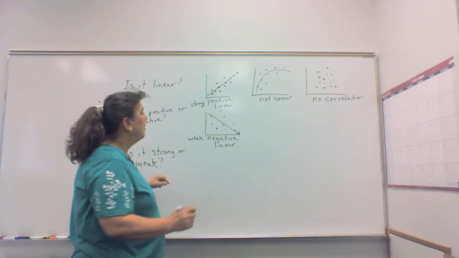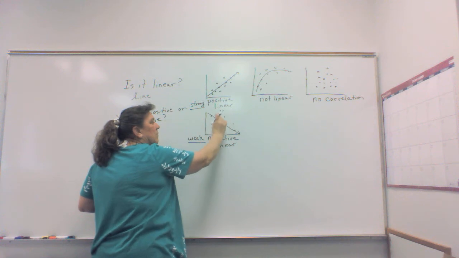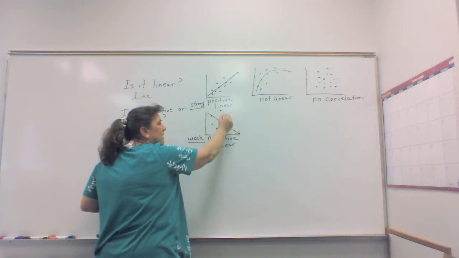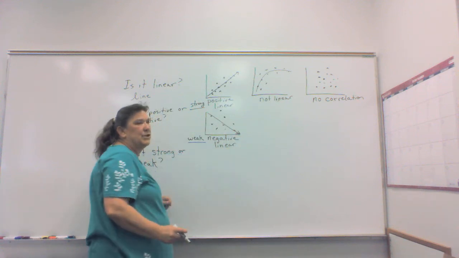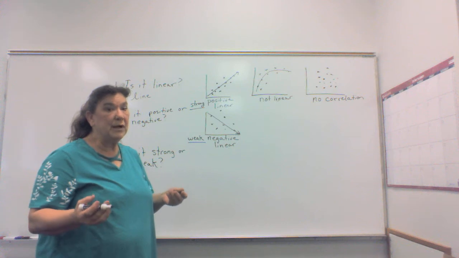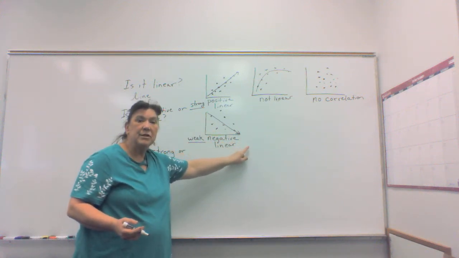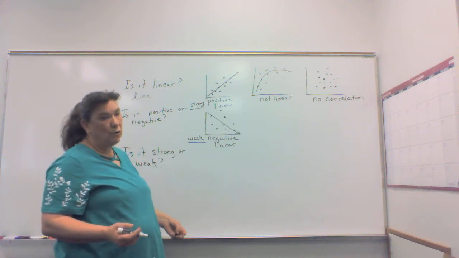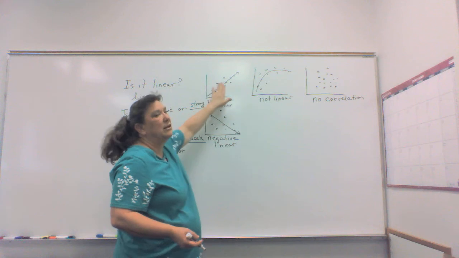So remember, whether it is strong or weak is dependent upon how close the data values are to the line of correlation. When you look at the book and choose what it is, you can help yourself by first drawing the linear correlation line, doing what's called a line of best fit.